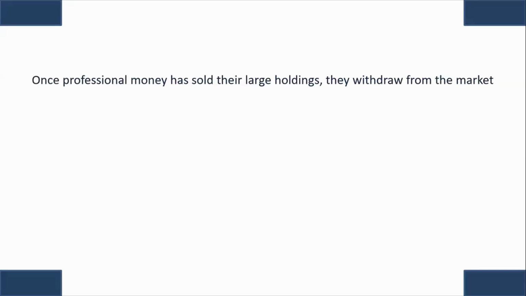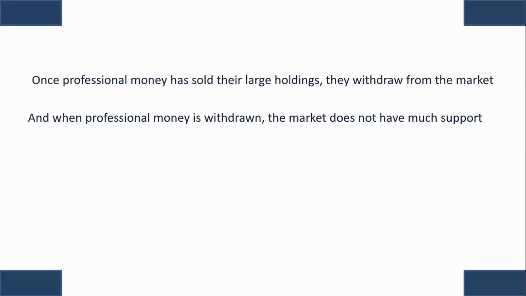Why? Because once professional money has sold their large holdings, they will withdraw from the market, means they will stop buying further to support the market. And when professional money is withdrawn, the market does not have much support.